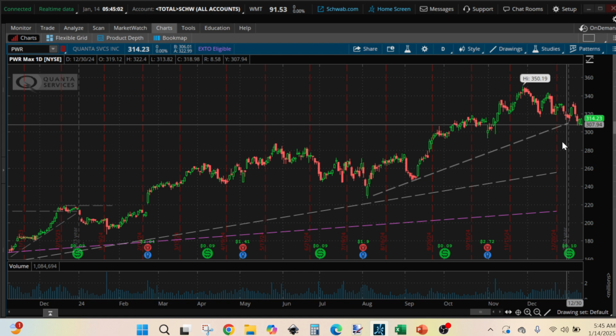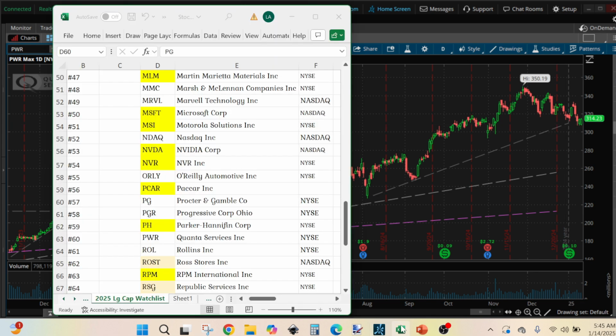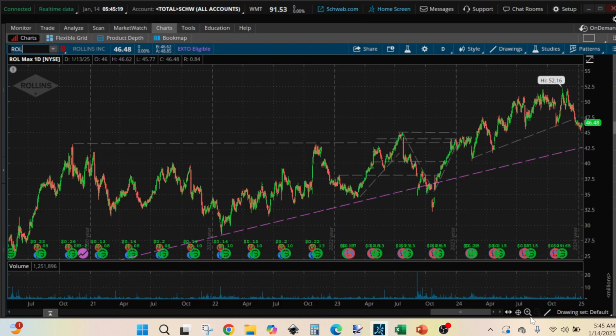The next one is ROL. So ROL, that is the trend line, and it seems to be going down. The next one is Rose. We bought Rose this year.